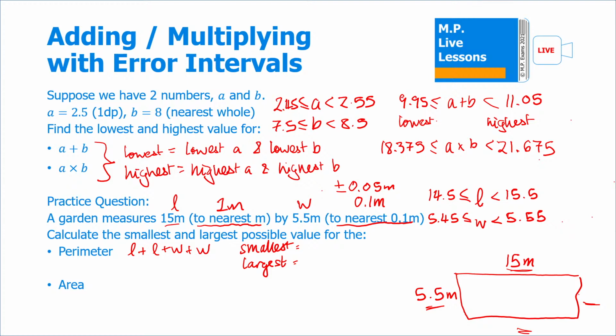So for the smallest, you'll have two lots of the smallest value for the length, which is two lots of 14.5 plus two lots of the smallest width, which is 5.45, which means the smallest possible perimeter is 39.9 meters.